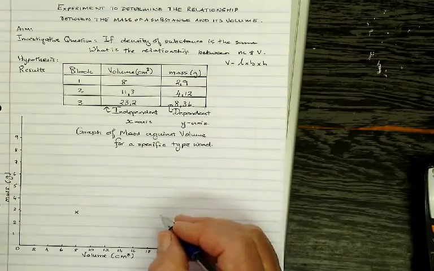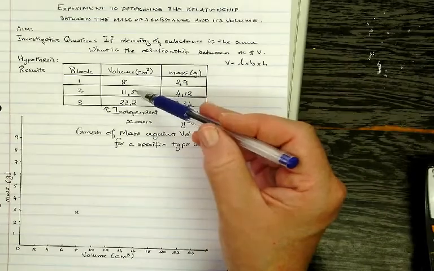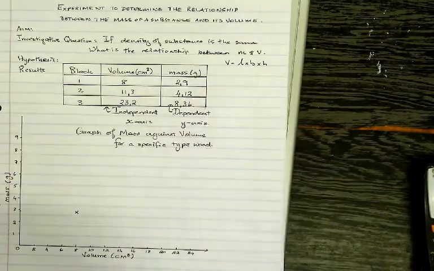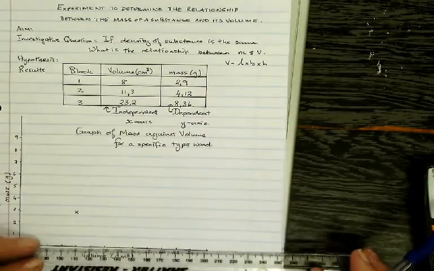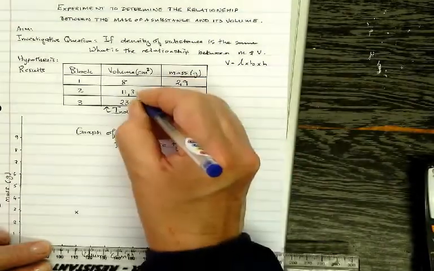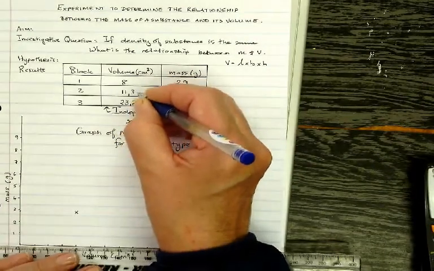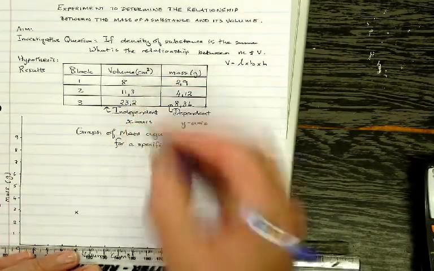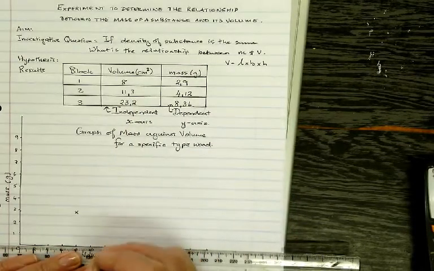The second volume is 11.3. Now 11.3 is about 11. To plot the 0.3 on this graph, 11 is there.